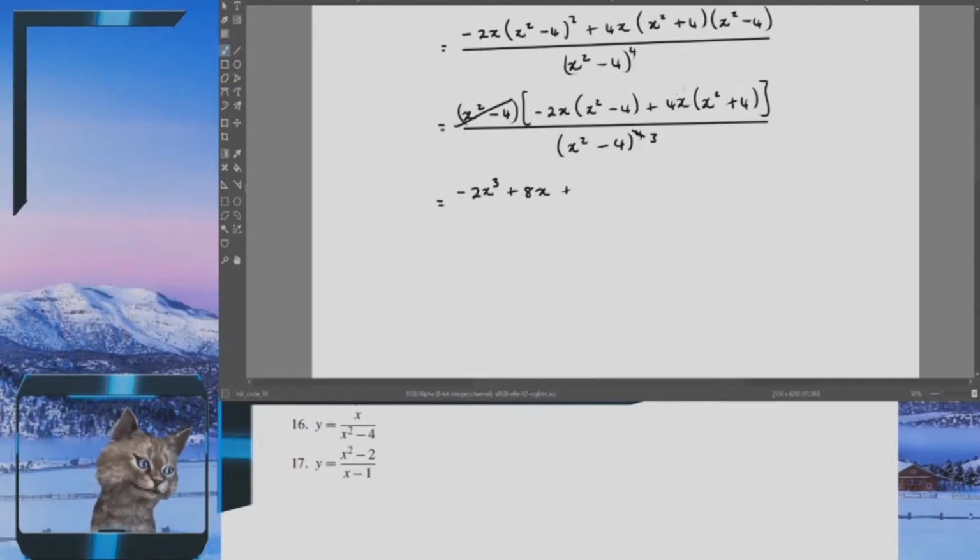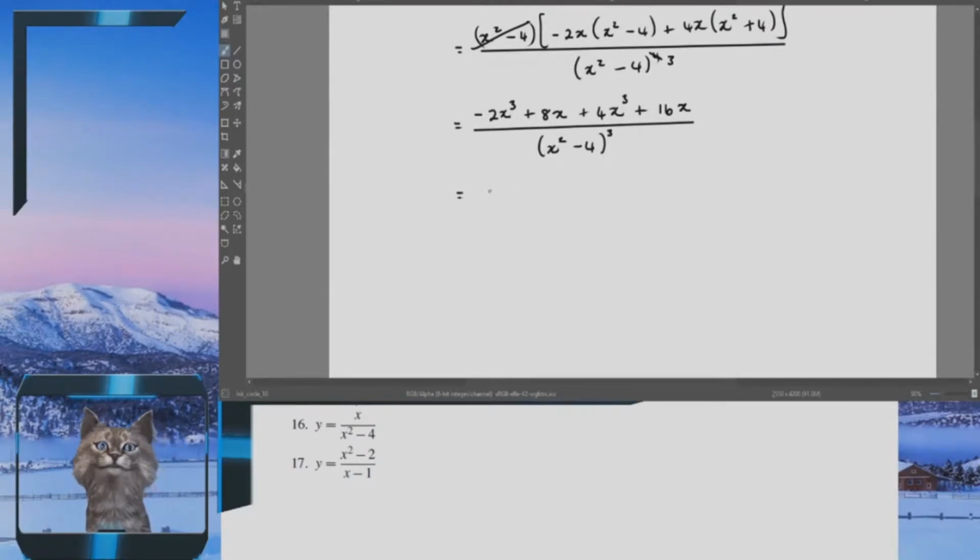And the 4x in gives me 4x cubed, and plus 16x. Same denominator. Nothing changes there right now.